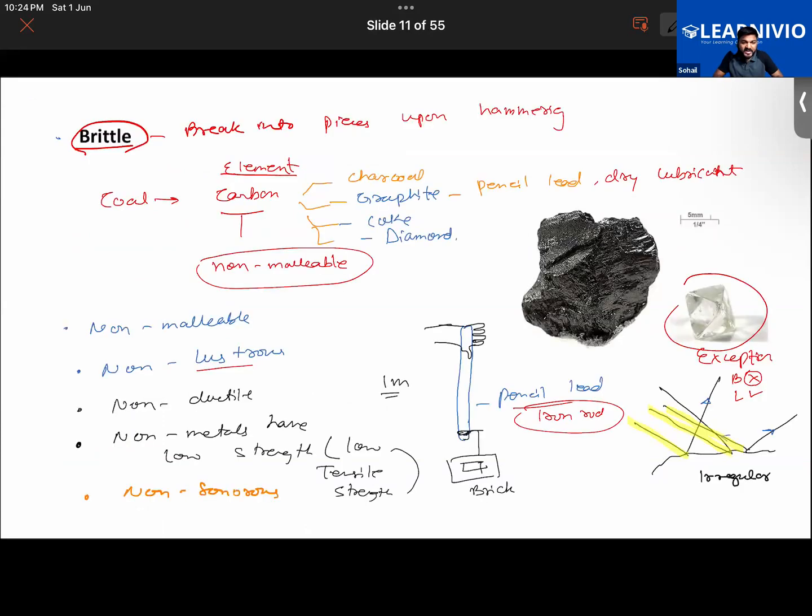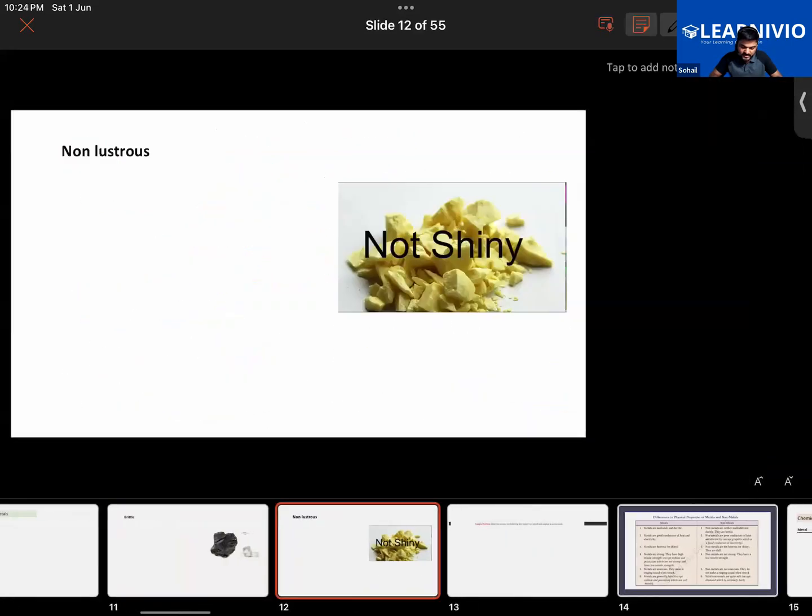Talking about the hardness of non-metals, most solid non-metals are going to be soft. Here we are talking about solid non-metals. For example, in the beginning I showed you an image of sulfur. Sulfur is yellow in color. Sulfur and phosphorus are non-metals which can be easily cut into pieces with a knife.